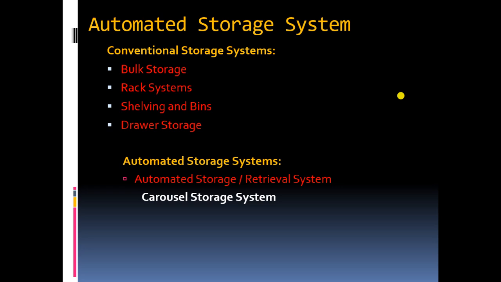Then in the case of automated storage systems, the advantages are high throughput rates, and it facilitates use of a computerized inventory control system, so it will be easy to maintain a record. Obviously, the highest cost equipment is there.